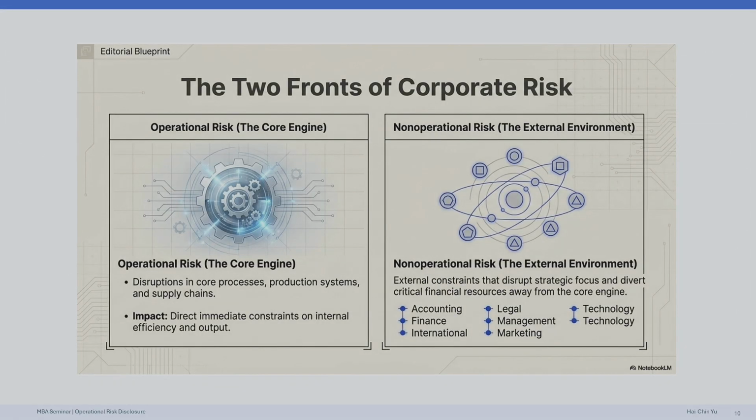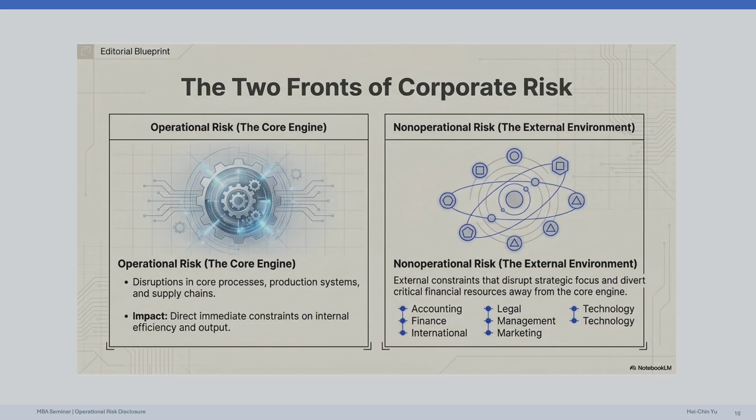So the paper separates the risk into the core operational risk, including production systems risk, supply chain, and so on. So this is the core. But around the core, there is an external environment, including another 7 types of risk: accounting, finance, international, legal, management, marketing, and technology.